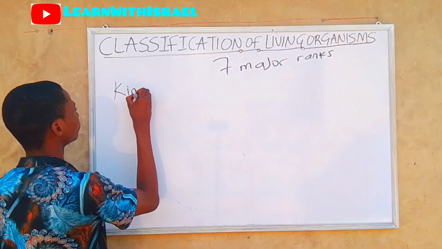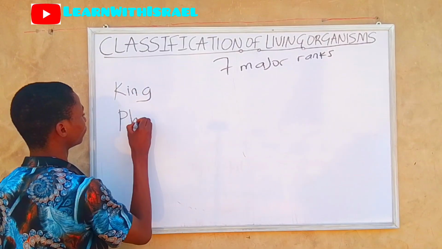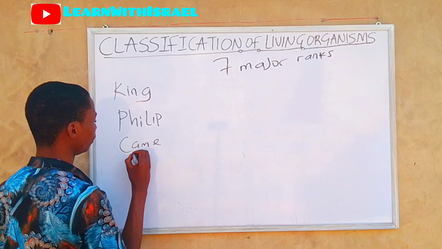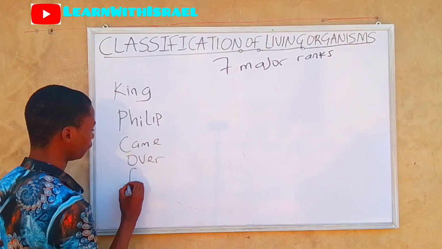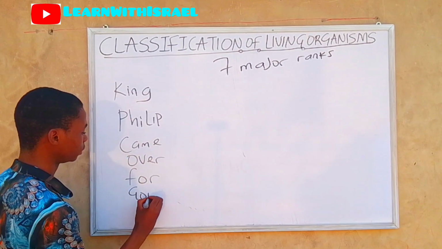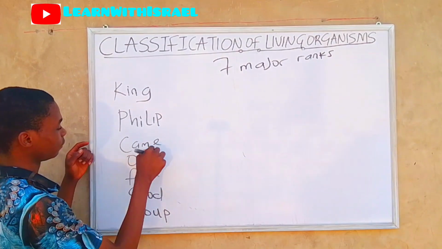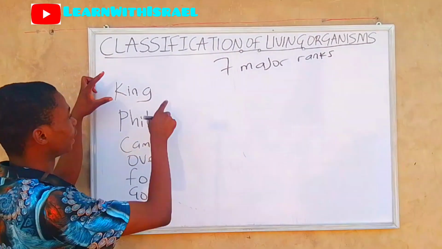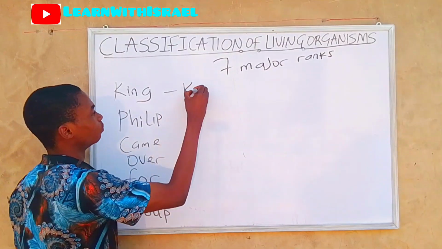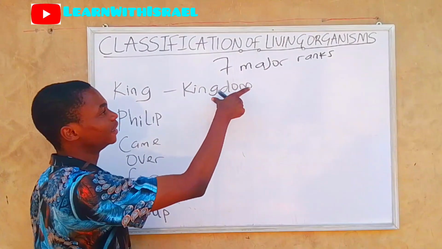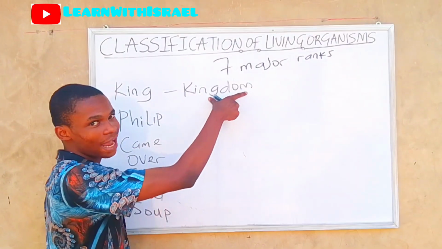King Philip came over for good soup. As you can see, 1, 2, 3, 4, 5, 6, 7. Let's start from King. King means kingdom. So this is the mnemonic for the 7 major ranks and the hierarchy.